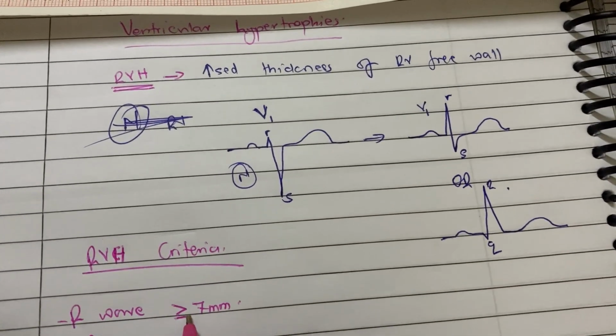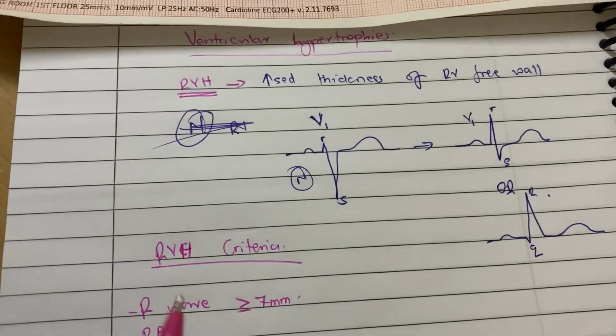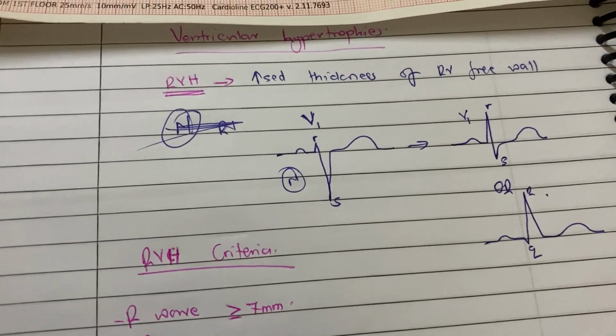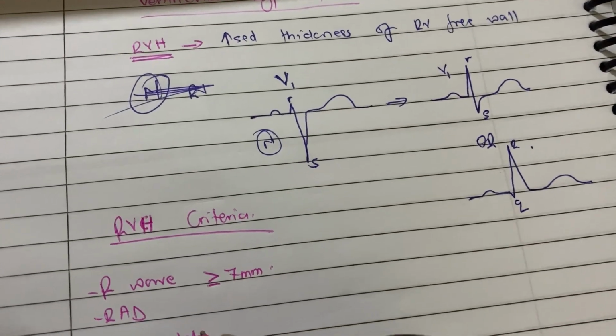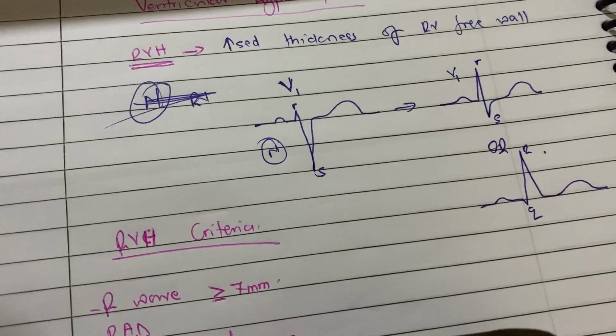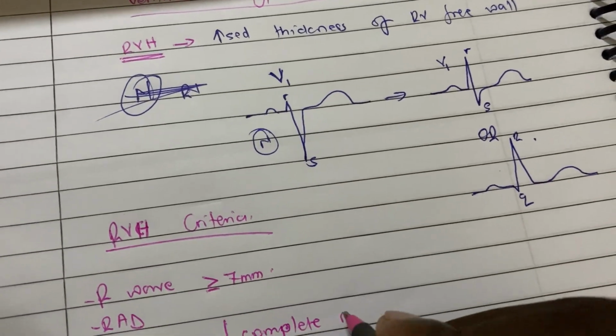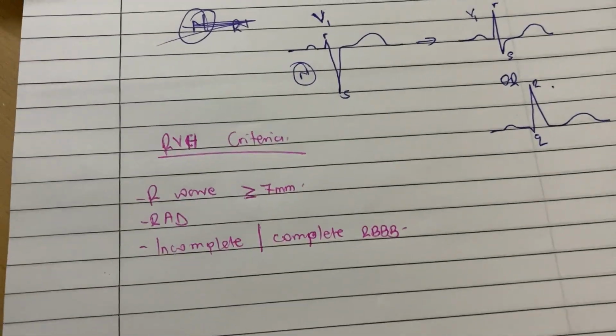So initial R wave more than 7 millimeters in amplitude, right axis deviation, incomplete or complete right bundle branch block. It can be there.